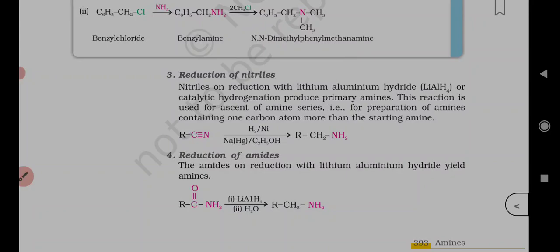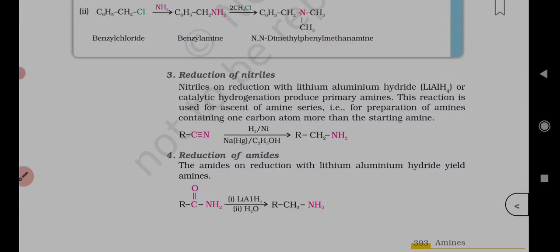Or you can also use a metal in the presence of acid, like Sn/HCl or Fe/HCl.